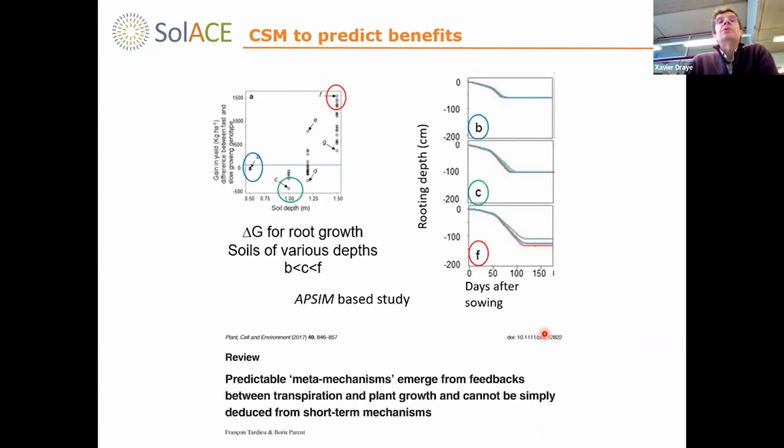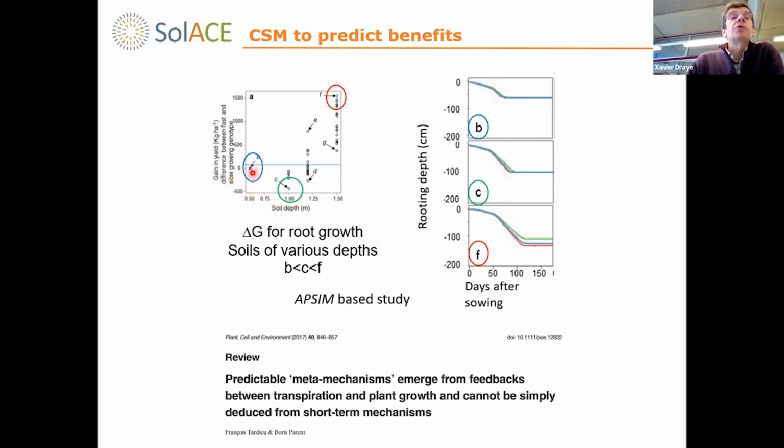We can also use this model to make predictions. The example here is also related to root depth. One way to achieve root depth is to have genotypes that grow fast vertically. By using a simulation approach, François Tardieu and Boris Parent were able to show, again with the same APSIM model, that the gain of yield comparing a fast and a slow growing genotype would depend on the soil depth.